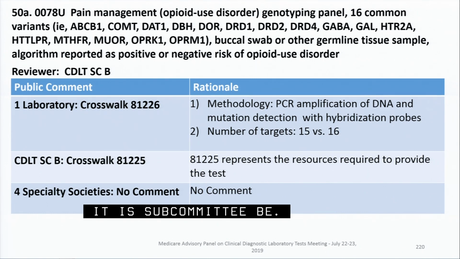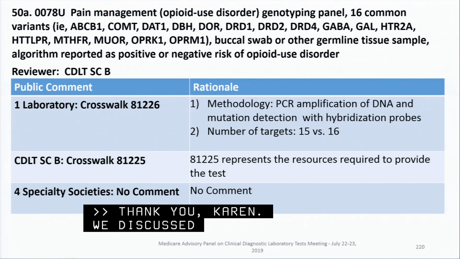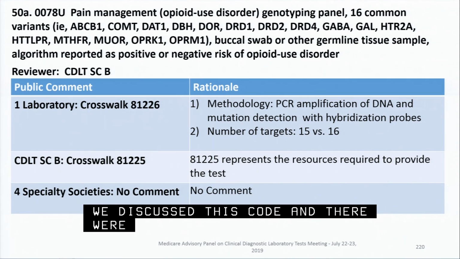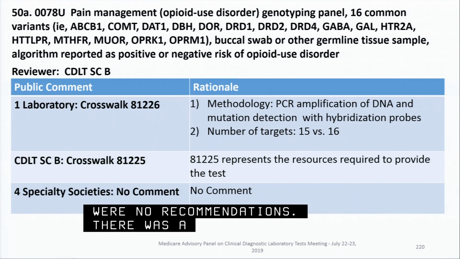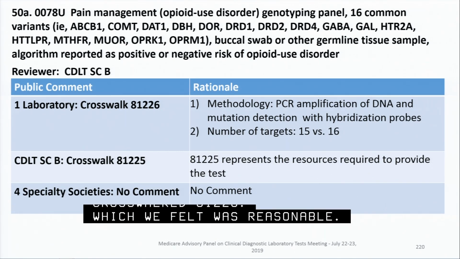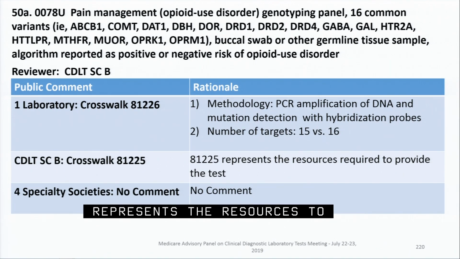So we discussed this CPT code, and there were no medical society recommendations. There was a recommendation from the owner of the CPT code to crosswalk to 81226, which we felt was reasonable. We also felt that there's another CPT code, 81225, that also represents the resources to provide the test, and so we're recommending two crosswalks, 81226 and 81225.